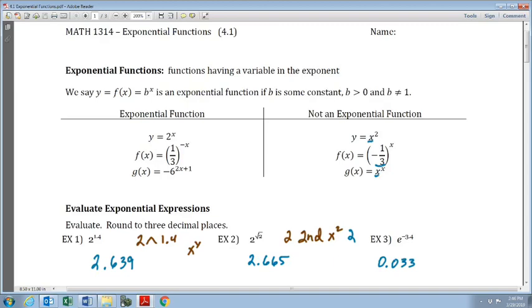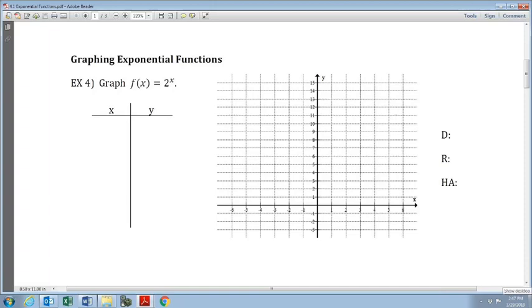In that case, you may have an E button on your calculator, but for most calculators you're going to hit second and then the LN button. Right above the LN button you have an e to the x, and that's for raising e to some power, and that's what we're doing here. So when you use that button, you should get the answer we have here.